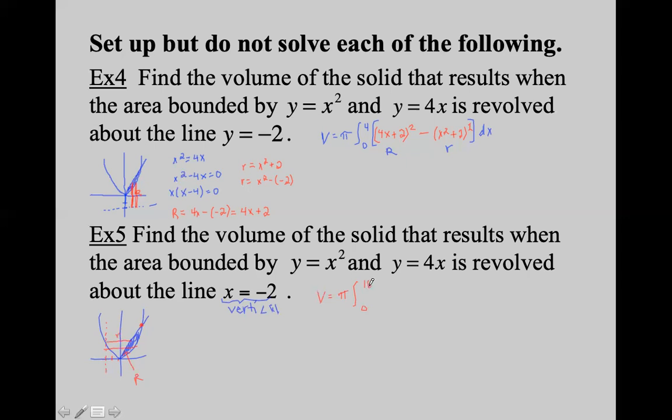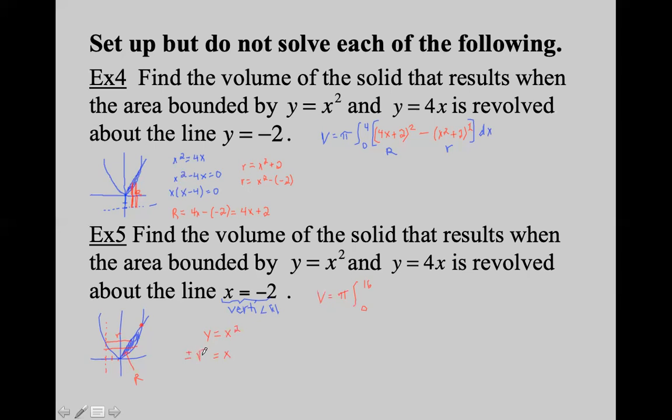But now I have to write down big R and little r. Because we have a vertical axis of revolution, we need to rewrite these. So we have y equals x squared, but I need to solve that for x. I take the square root of both sides, and I get x is equal to plus or minus the square root of y.